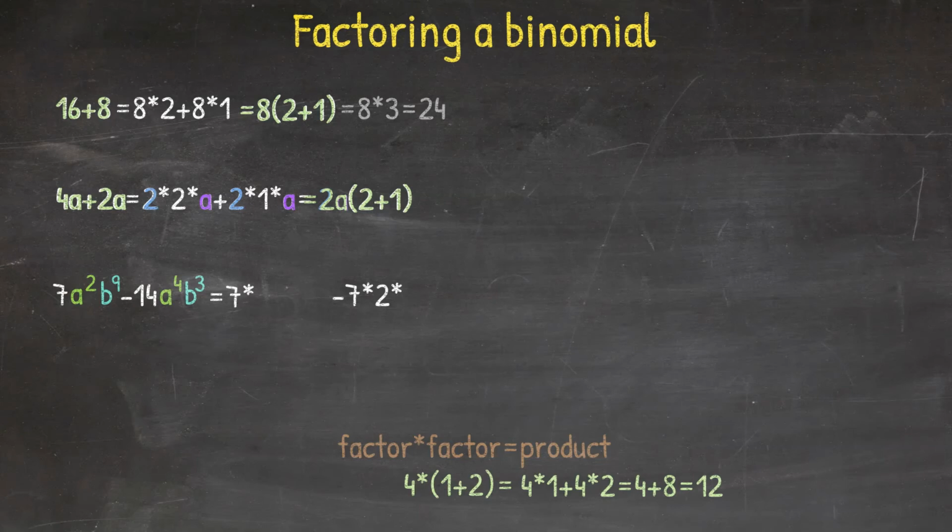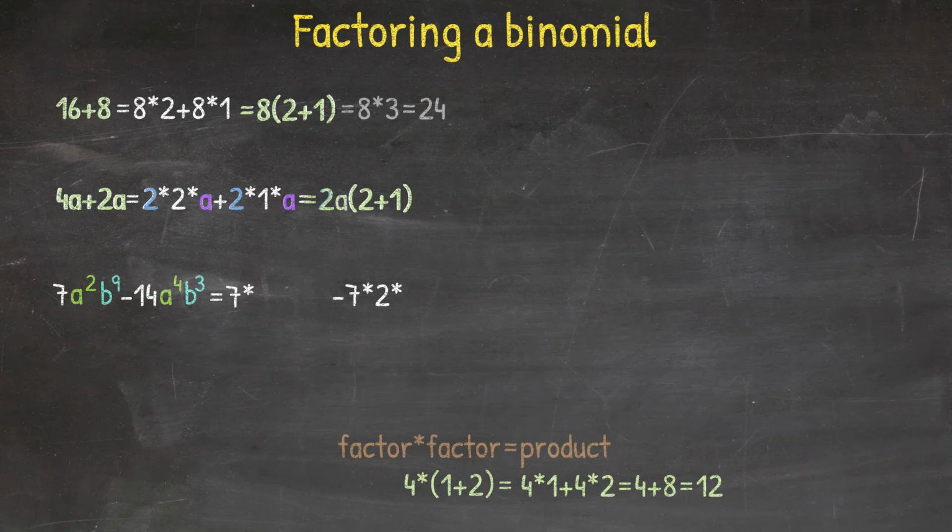Now, at the next step, we'll focus on the variable a. To understand this next step, you'd probably need to refer back to our discussion of power and exponent. So if we're given a in the second power and we have a in the fourth power, we should understand that a to the fourth power is a squared times a squared.